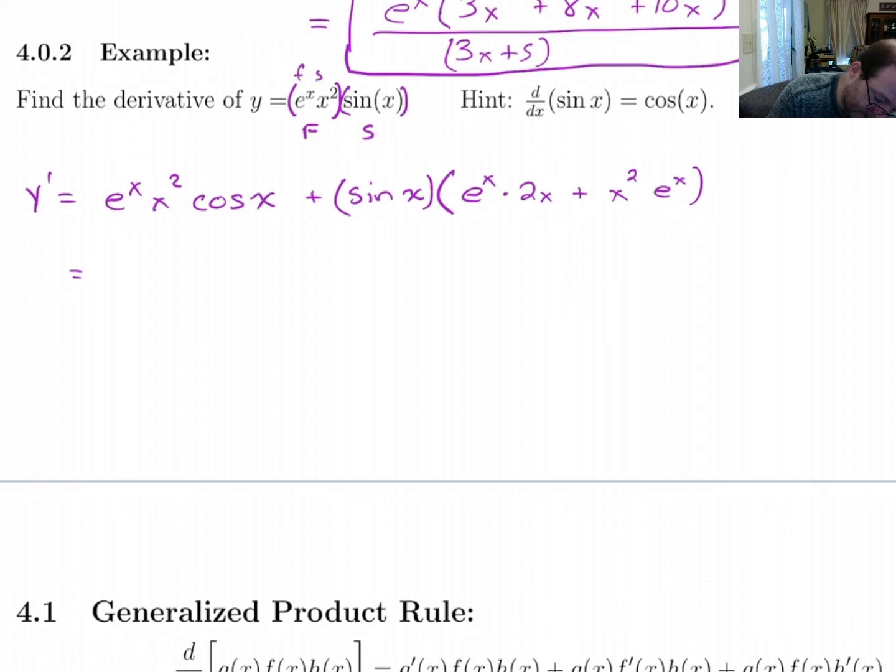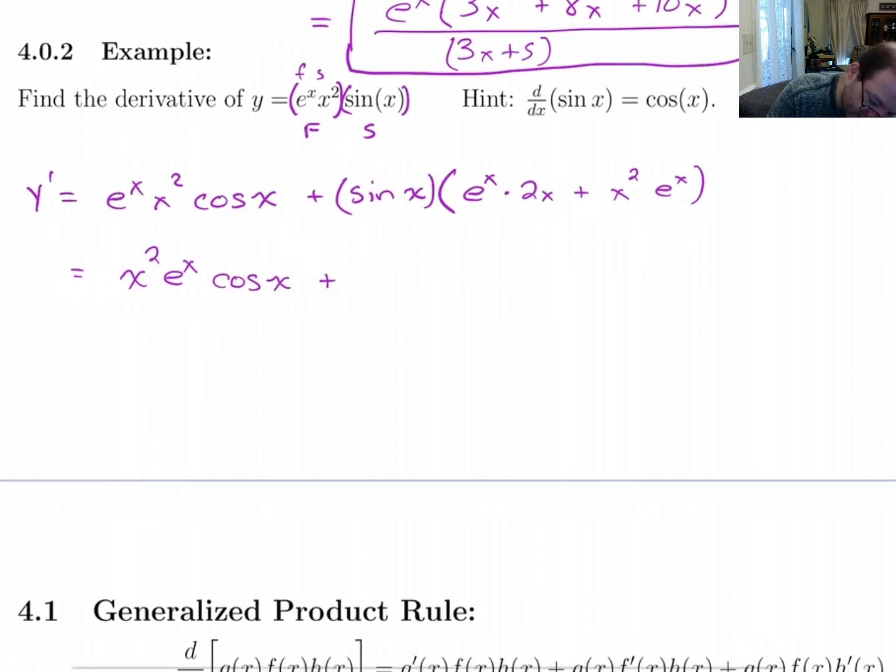So let's see, what do I have here? x squared e to the x cosine x plus, distributing across here, this will be 2x e to the x sine x, and then plus x squared e to the x sine x.